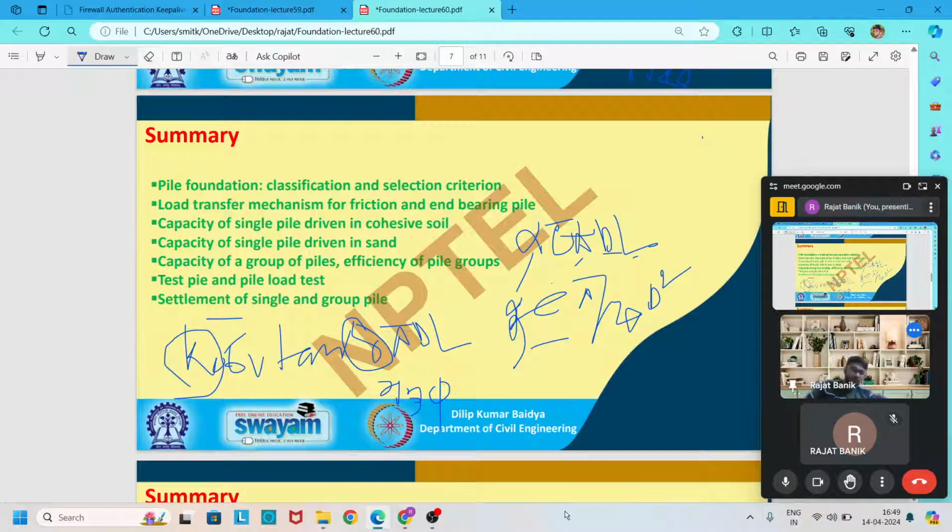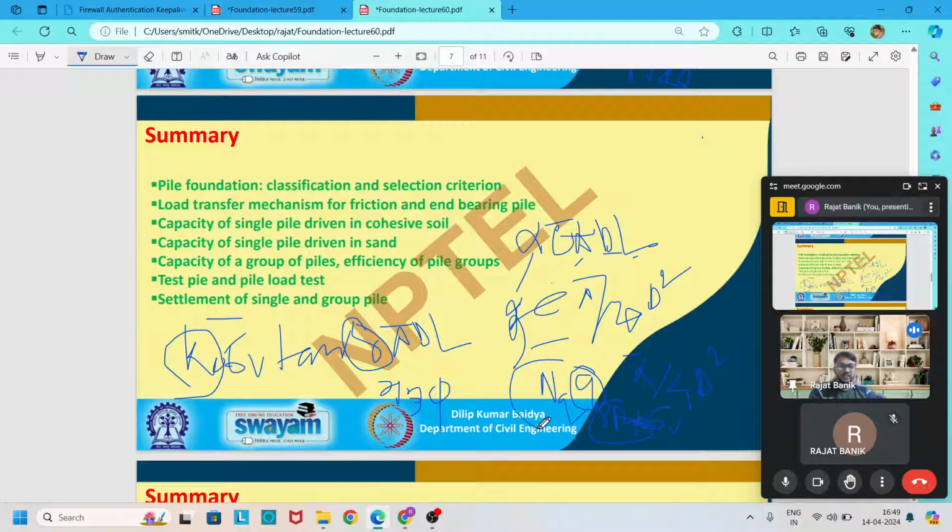And for the end bearing case, if the pile is in sand, the load is Nq into Q pi by 4 d square. Q is nothing but gamma Df, or we can say sigma v, the vertical stress at the pile base.